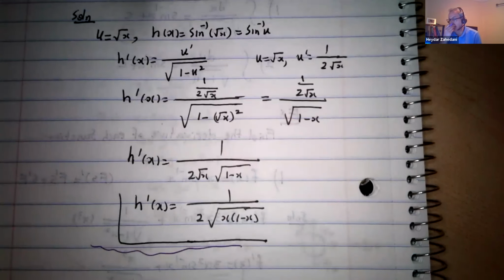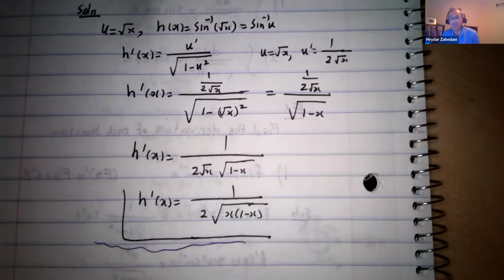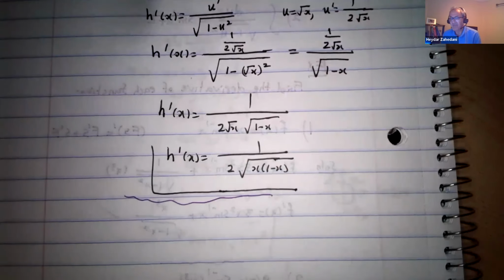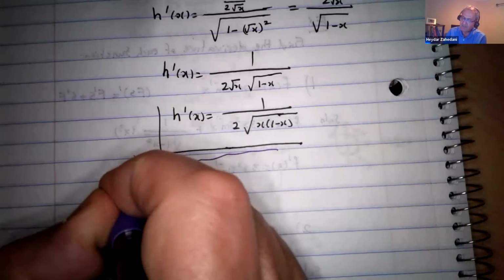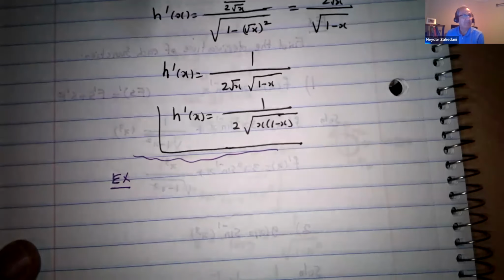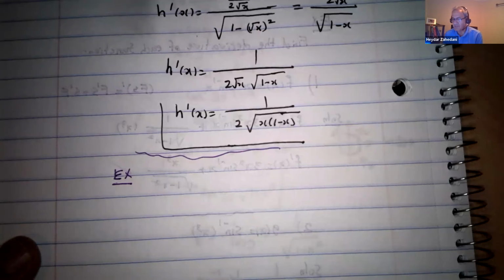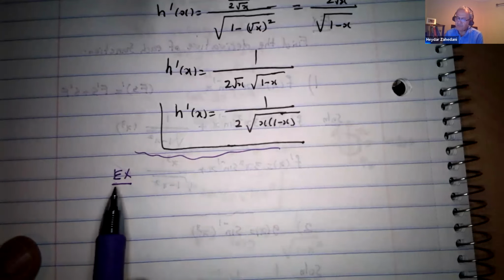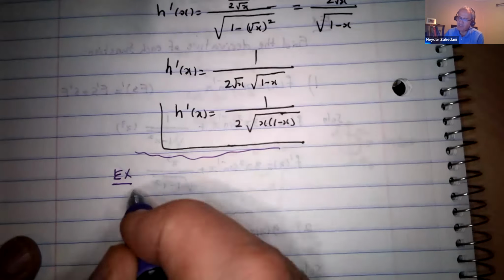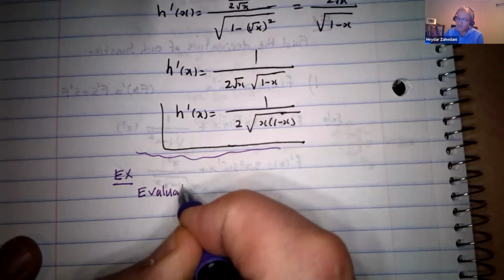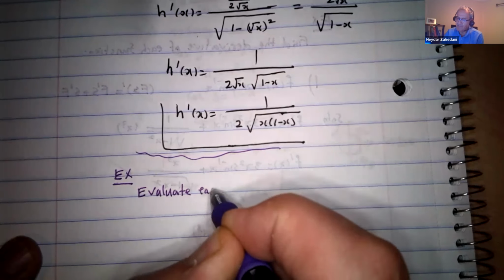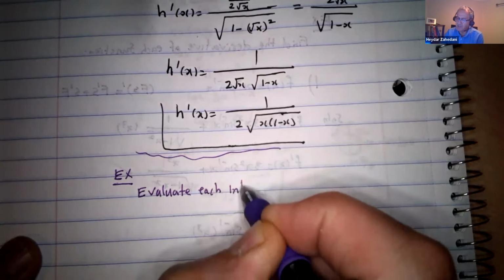These are the most popular ones that we are going to be interested in. But the nice thing is the other way around. So pay attention to the other way around, integration. Here we want to evaluate each integral.